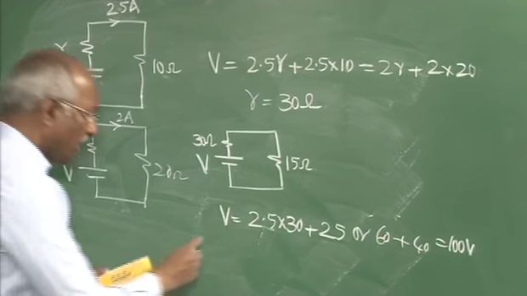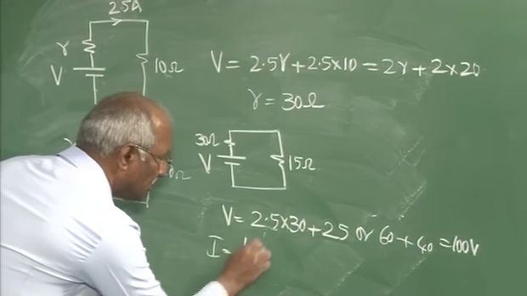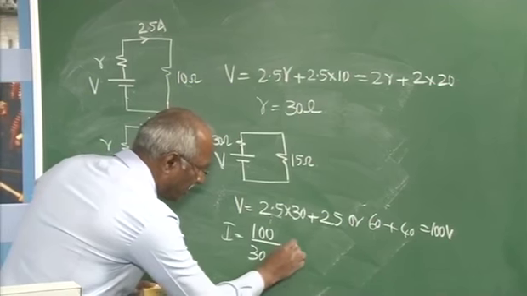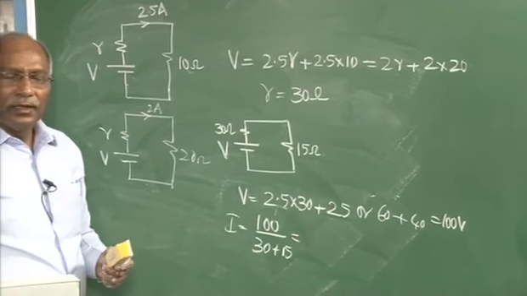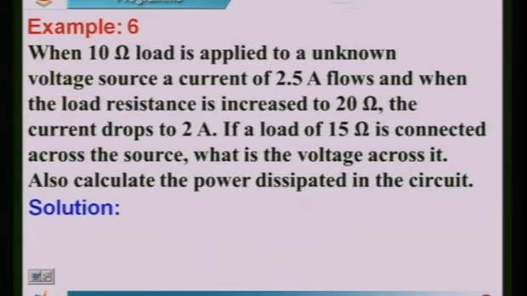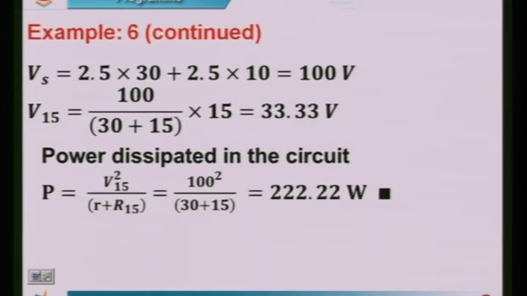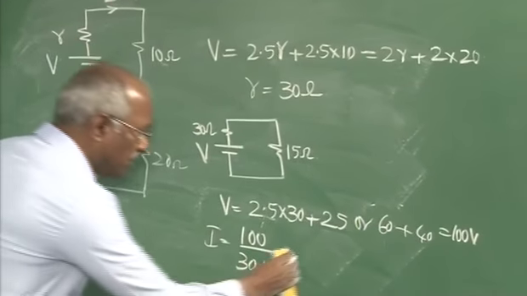Once you get this, I will obviously be equal to 100 divided by 30 plus 15, and that will be the current.